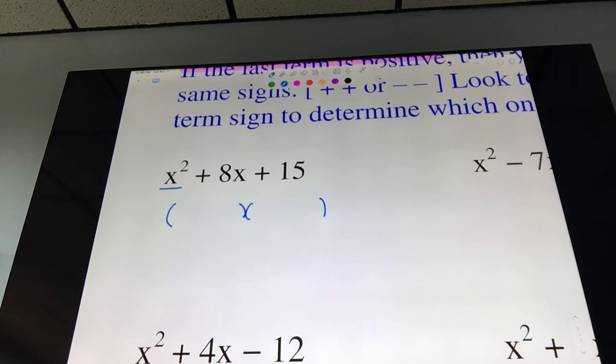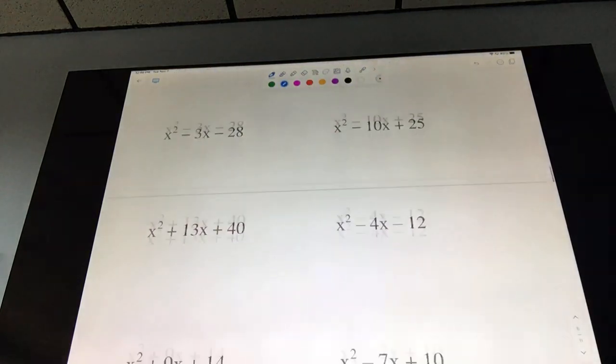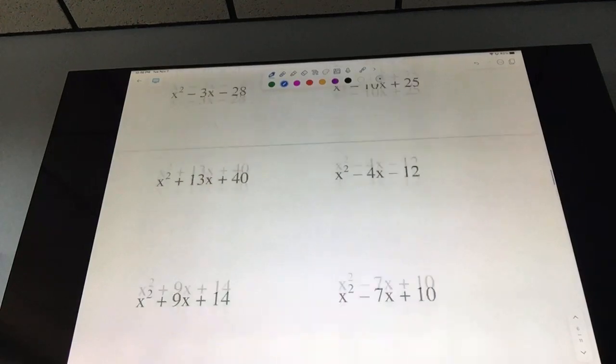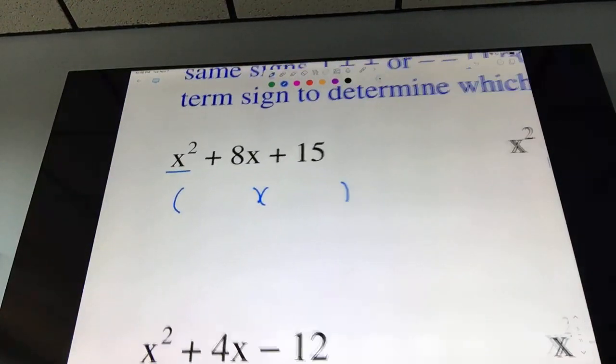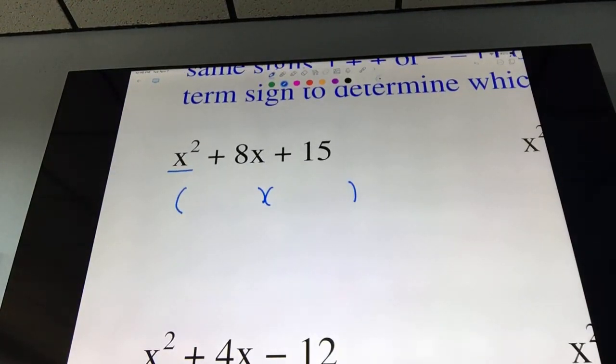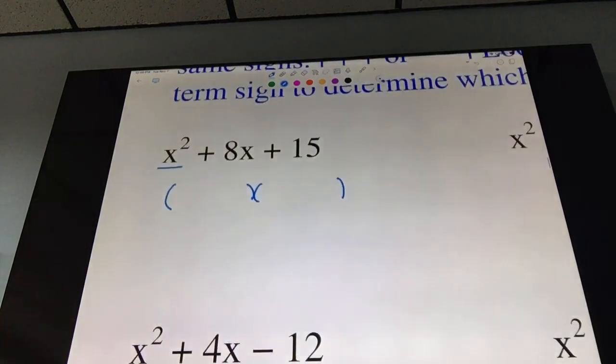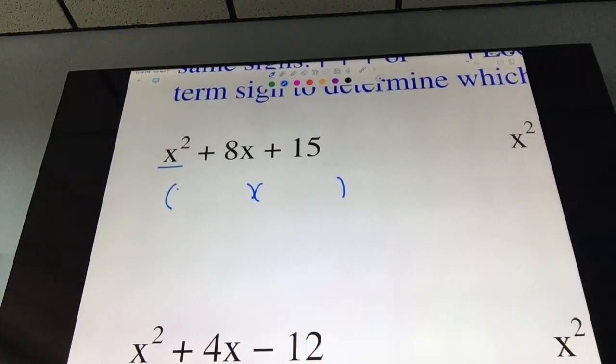So it's not going to be any other exponent, and it's not going to have a number in front of it. I'm just checking myself as I'm saying that to you. So when we take the first times the first, it's always going to be broken up x times x, just like with your squares. On your quiz today, when you took x squared and broke it up, you made it x times x.